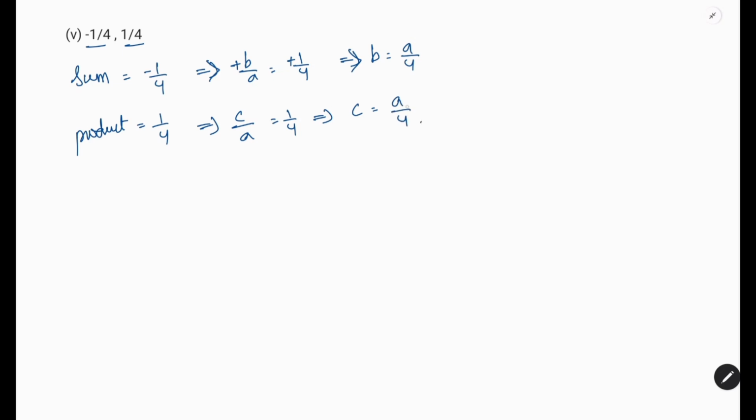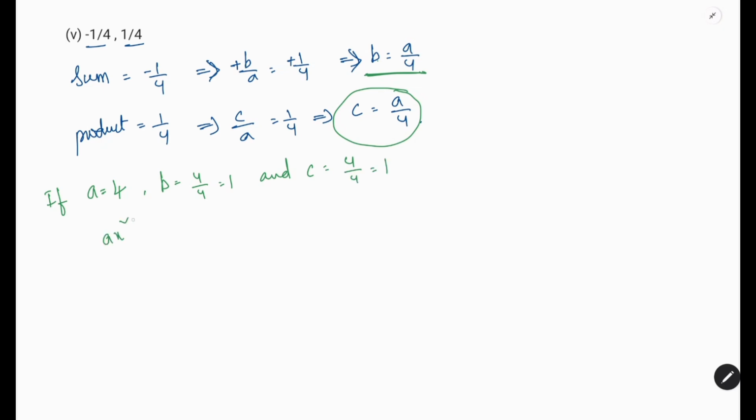See here in these two, a is divided by 4. Why can't we take a as 4? If we take a as 4, then it will be easy to get the values of b and c. It will not be in denominators. If a equal to 4, b equal to 4 by 4 is equal to 1 and c equal to 4 by 4 is equal to 1.